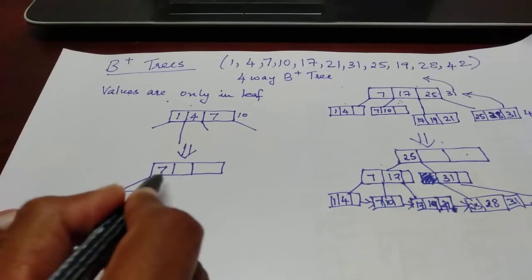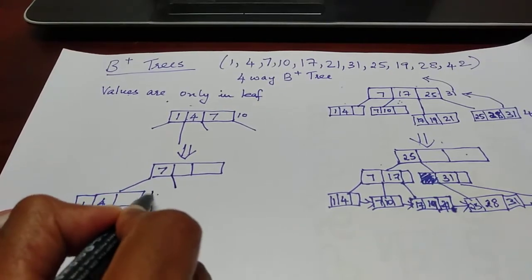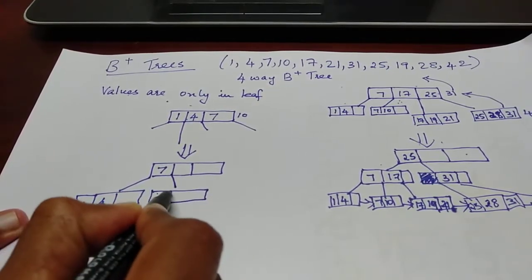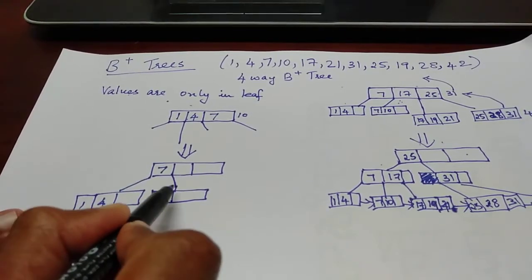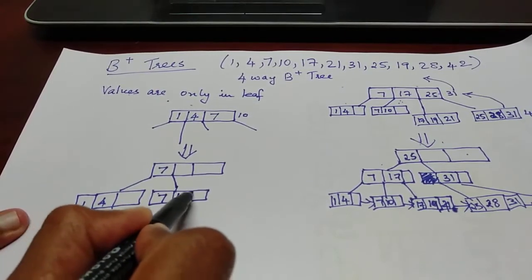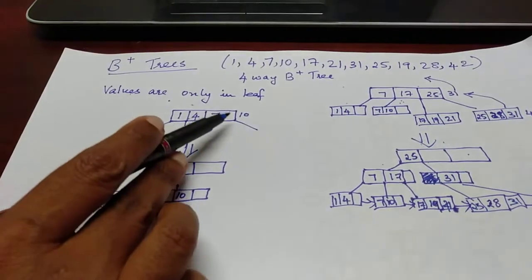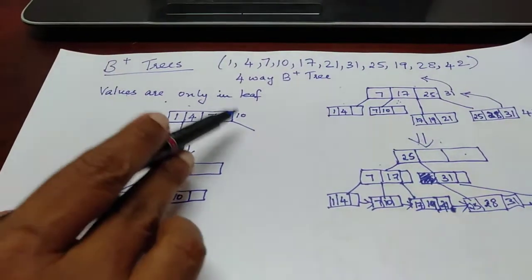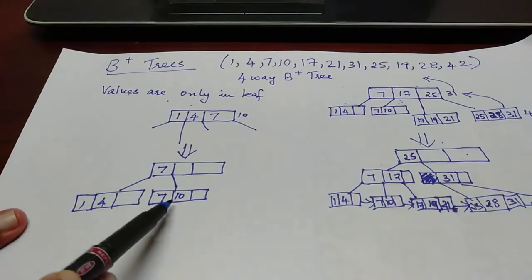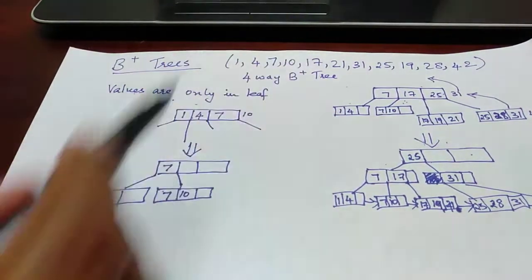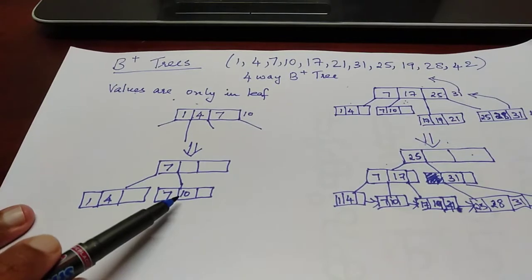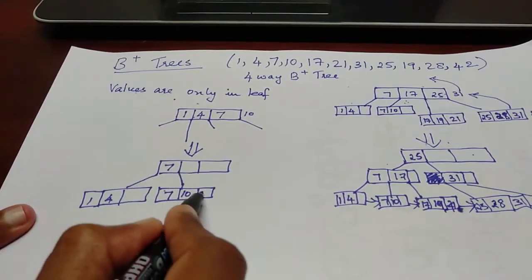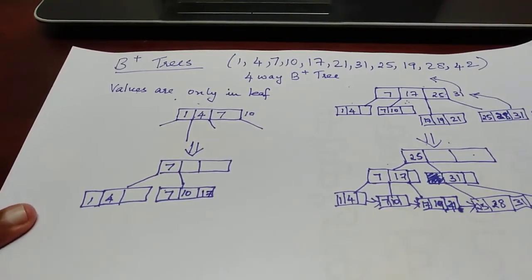To the right of 7 I should have the value 7 also, and then the new element which was supposed to be placed in the previous node. So now I have got 7 and 10 over here. So let's look at 17. 17 should go to the right of 7, and I have space over here, so I can simply put the element 17 over here.